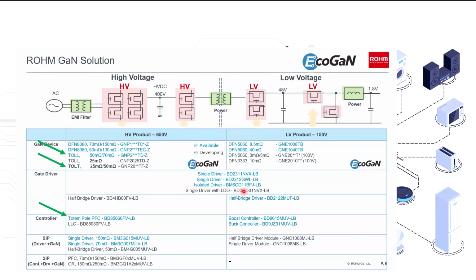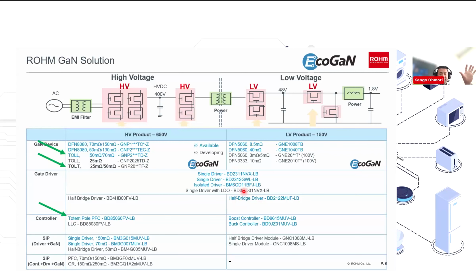And then we have another question here. Which product does ROHM focus on, discrete GaN product or module product, and why? I think I gave you a little bit of an answer to that question previously. We are focusing on both because there are pros and cons, right?